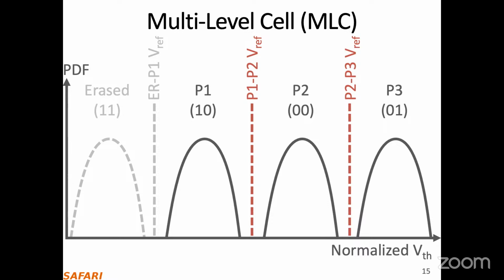That's quite important in order to reduce the number of errors, because we will see that these distributions shift over time. So you may read something that was previously in the P3 state, but now you're reading it as the P2 state. So you have an error, right?